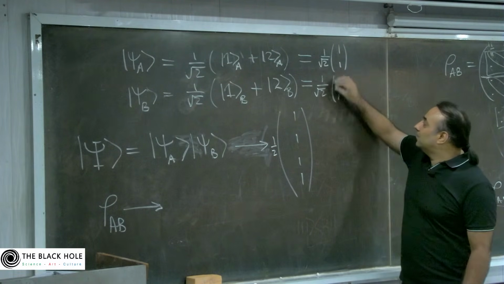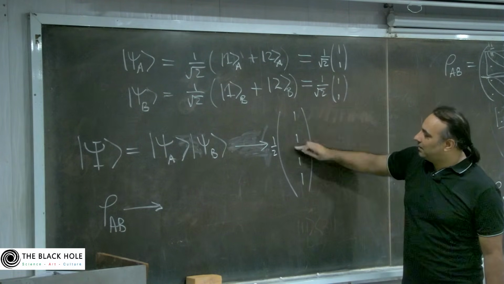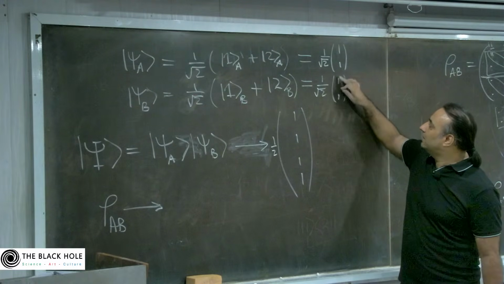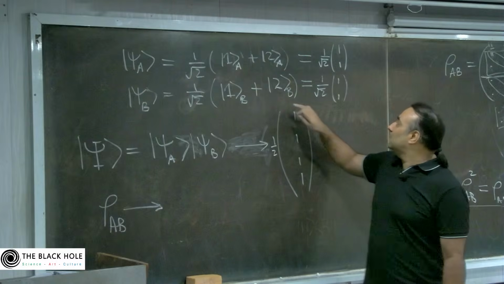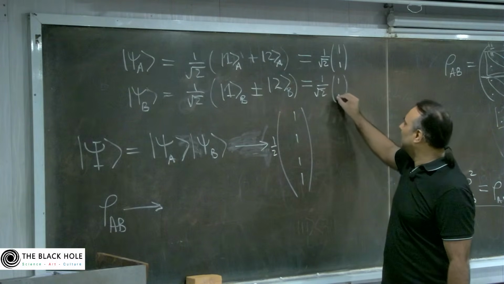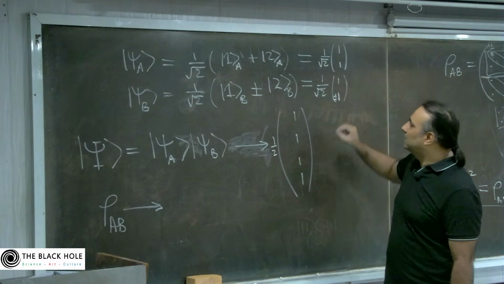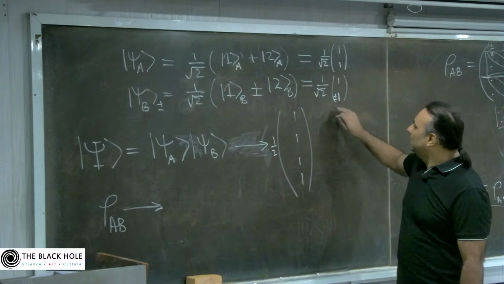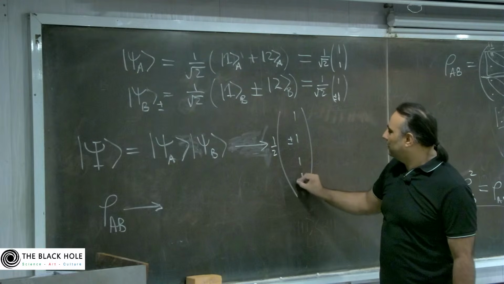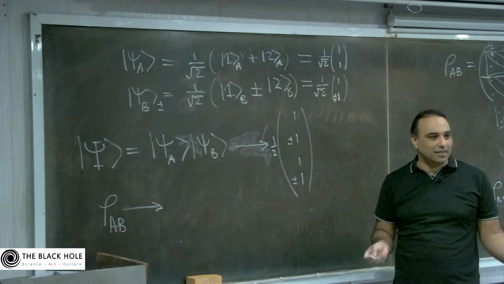So you multiply this whole vector with this number, you get these two. You multiply this vector with this number, you get these two. If you choose the other sign, let's choose the other sign as well. If you choose this sign, then it will be like that.